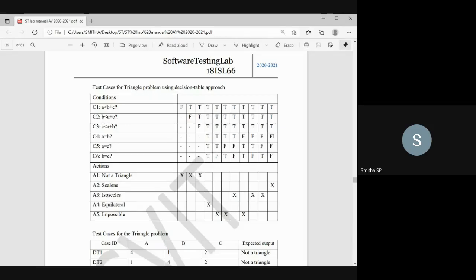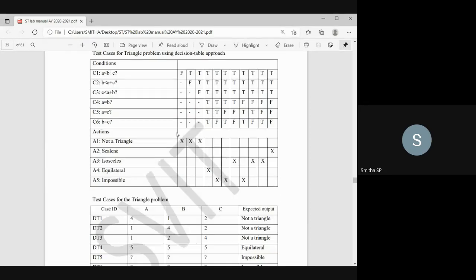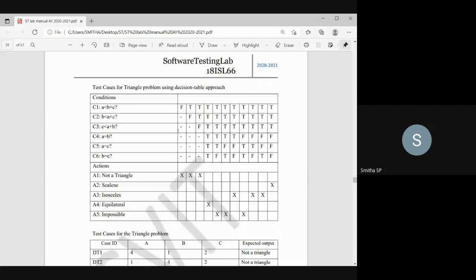Moving to the fourth condition, A is equals to B, false. A is equals to C, false. Then B is equals to C, false. All the three sides are different, so it is a scalene triangle. This is how you write the decision table for the triangle problem.